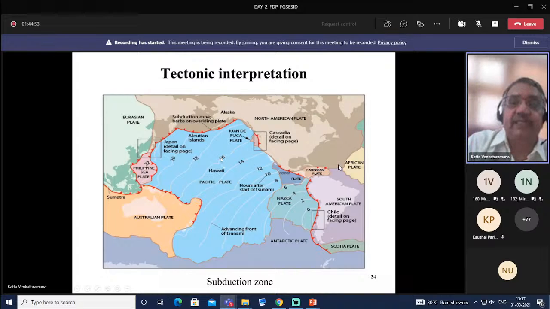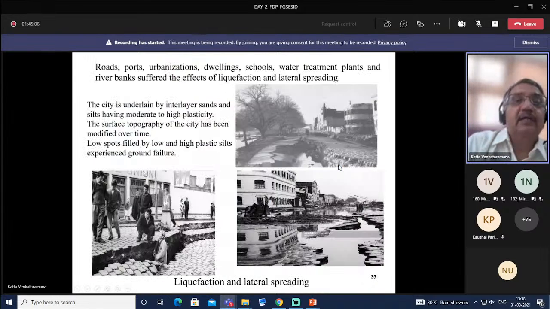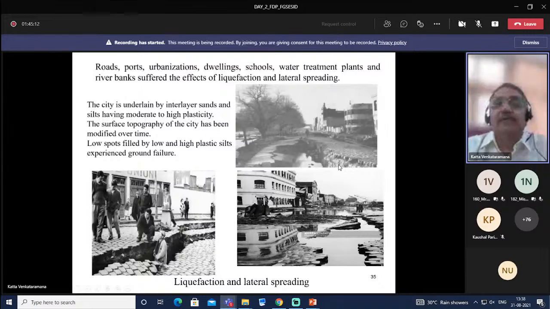It reached Hawaii in 16 hours. Then after 20 hours, the tsunamis reached even Japan, Philippines, and so on.